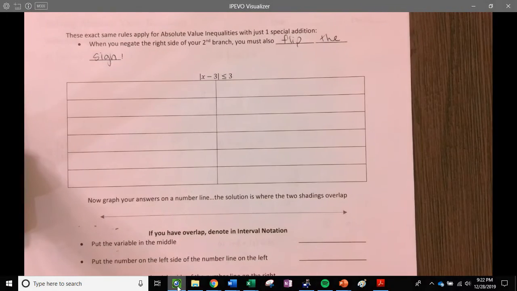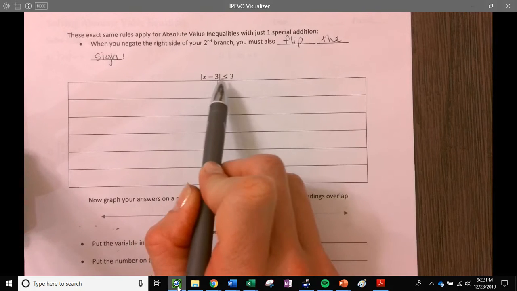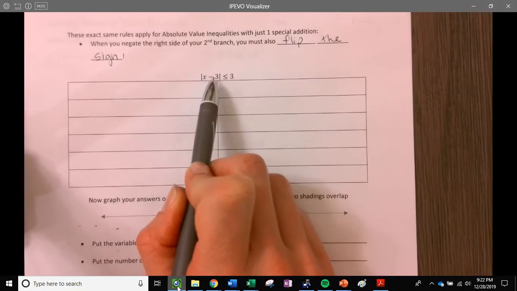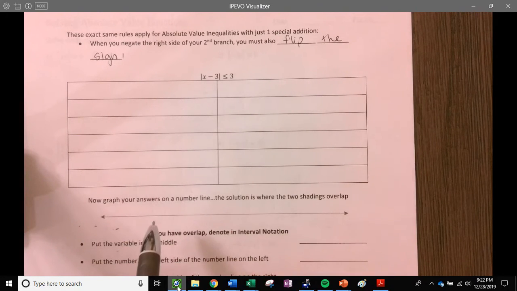You have to flip the sign. So let's work this one out. The absolute value statement, x minus 3, is already isolated on the left-hand side of this inequality. So we are ready to branch.